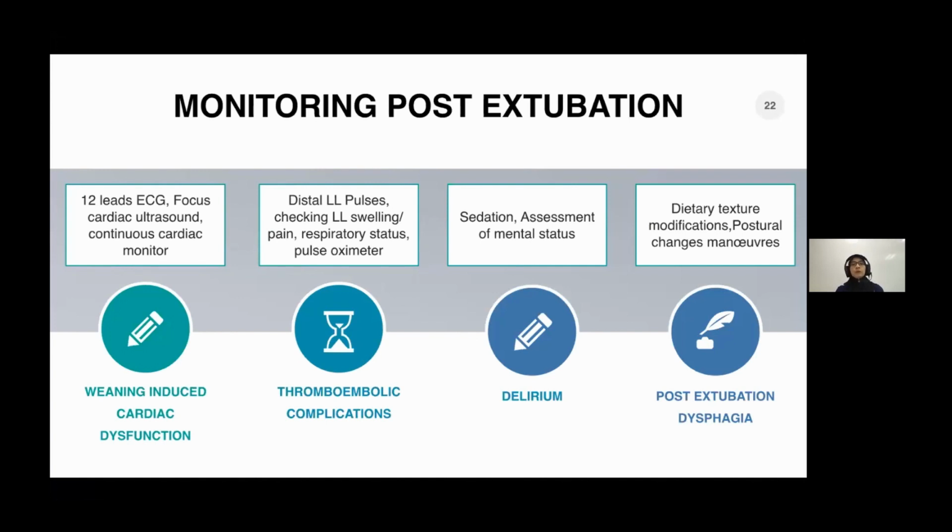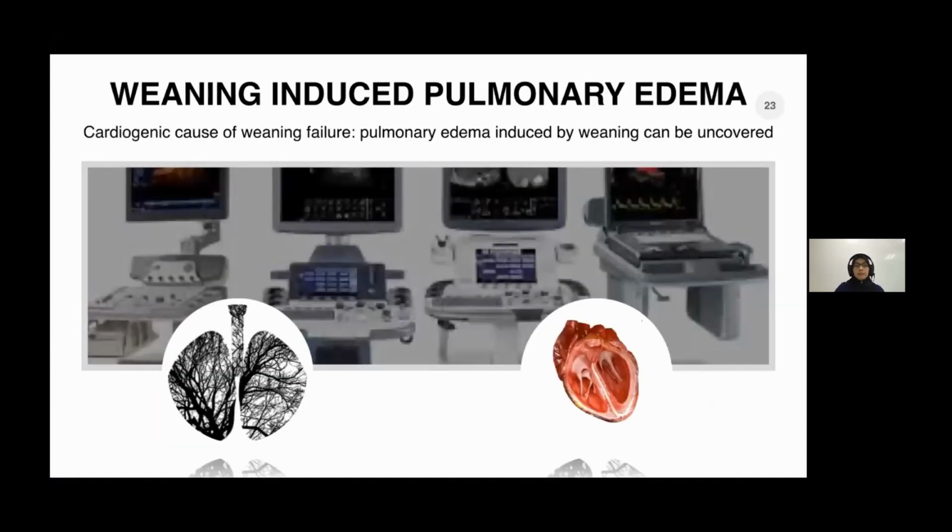This is another thing that we also frequently miss in post-weaning patients. The patient might present with pulmonary edema post-extubation. The reason why, because you are giving the patient some form of sedation prior, the patient is in a relaxed condition, you are giving some form of pressure support using your ventilators, and suddenly you take everything out from the patient.